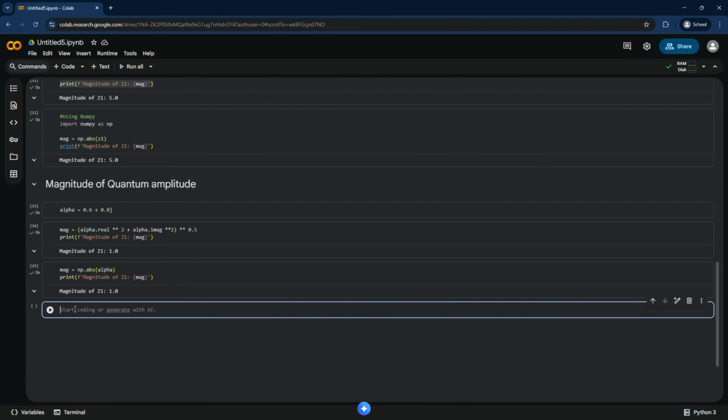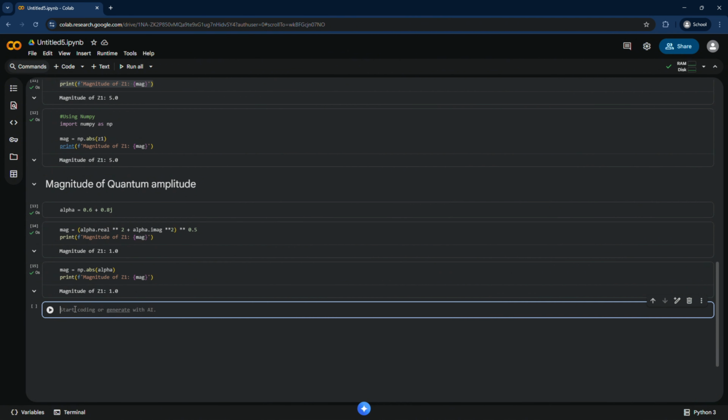Both results should give you exactly 1, meaning the complex number has unit length, and in quantum computing, a valid state must have total magnitude or norm equals 1. So you are already working with something that behaves like a quantum amplitude.